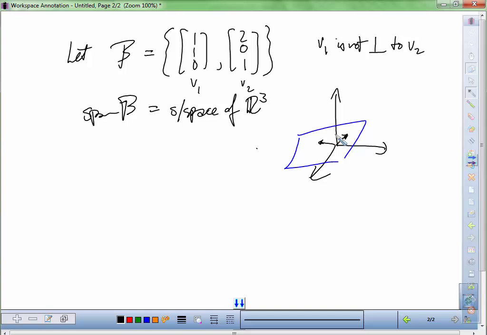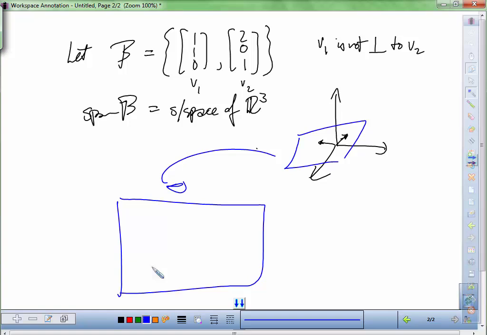Not quite. It's going to be a process that we're going to talk about. So let's see if I can transfer this picture. What if we look at this plane from above, or perpendicularly, so that we're looking at the plane flat? And I'm imagining that these vectors might look like this.